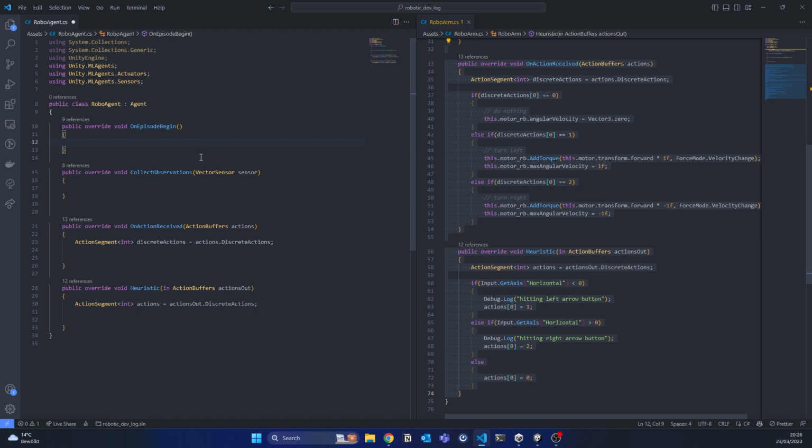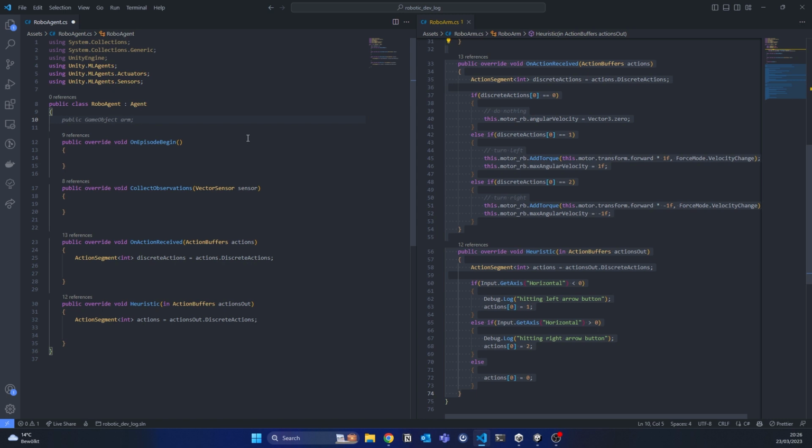All right, and then of course we need the game objects. At the end of the day, we need two different lists of game objects, I want to say, like the robotic arms, robotic parts.